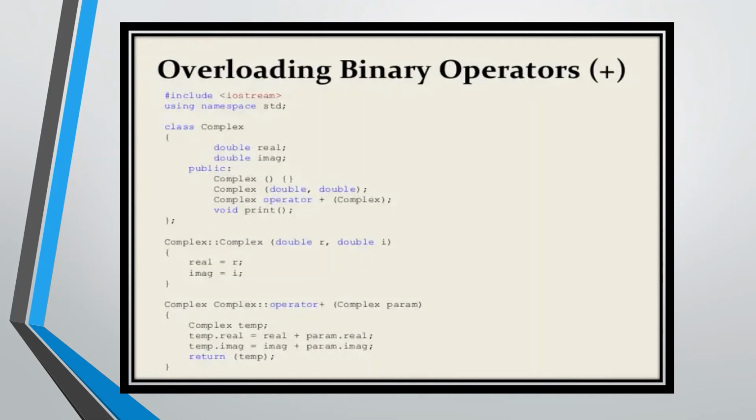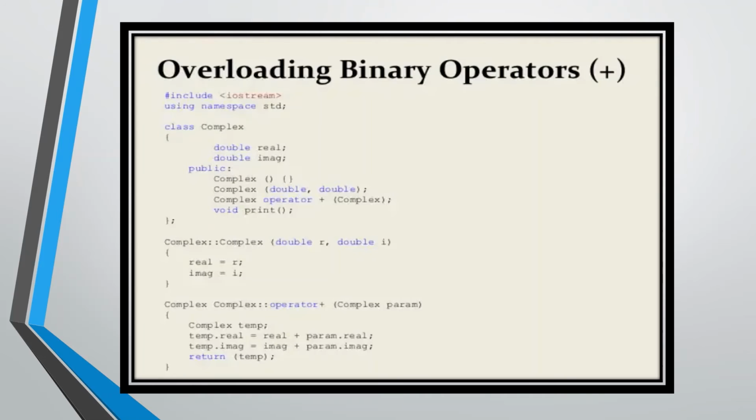Then we define the constructor. Simply here I am writing real is equal to r and im is equal to i. So I am assigning these two real and imaginary variables with r and i. Then close the body of this constructor.